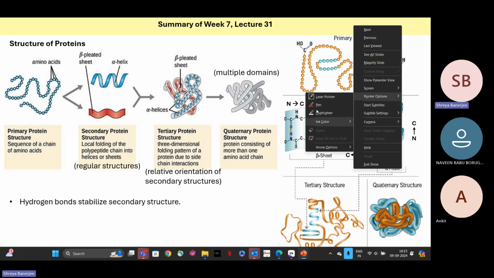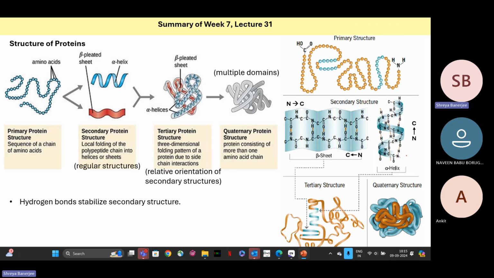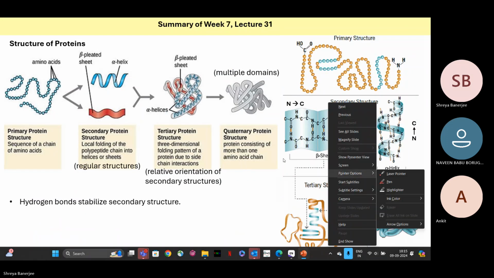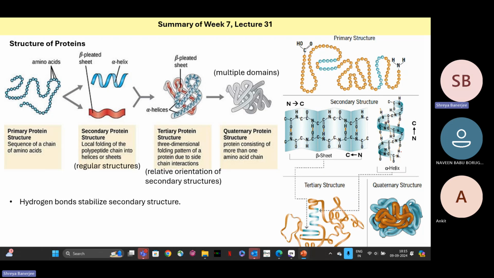So if I consider this as the NH of I, then this is the NH of I+1.